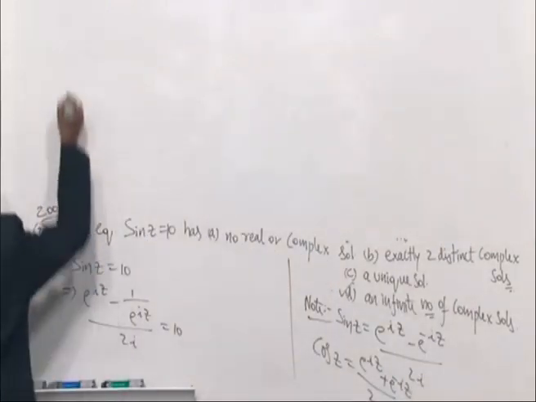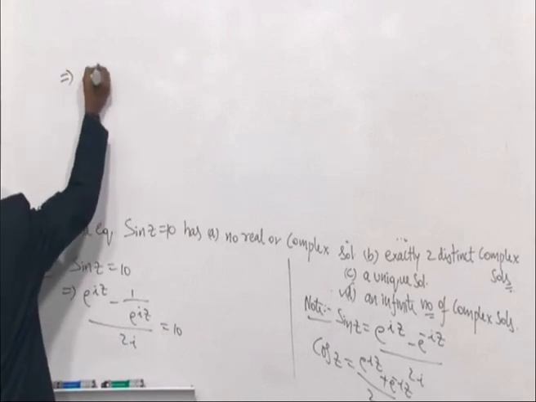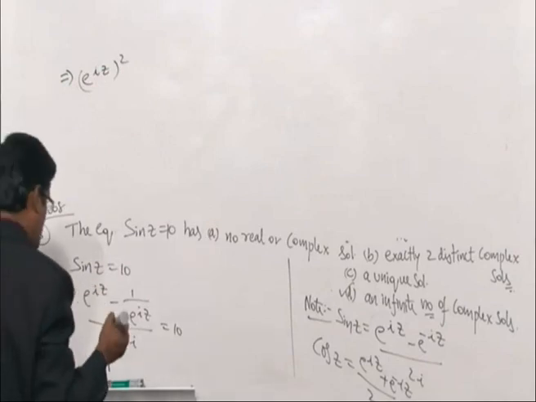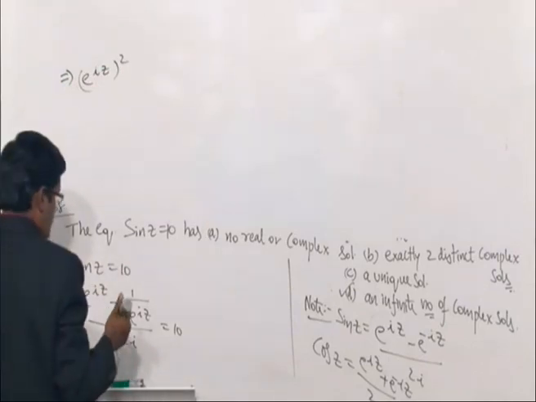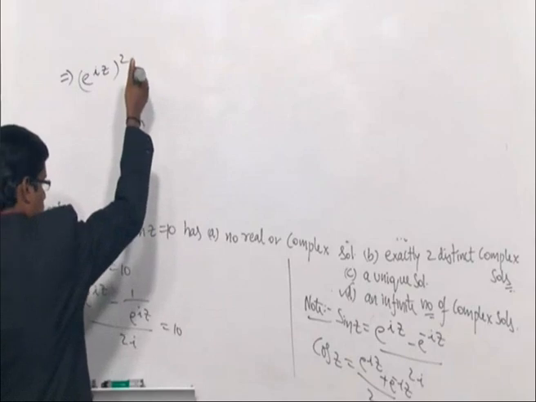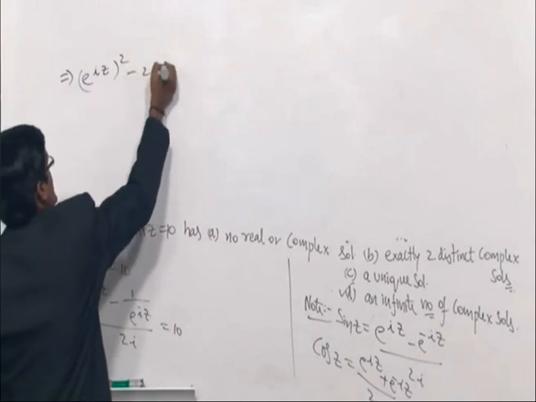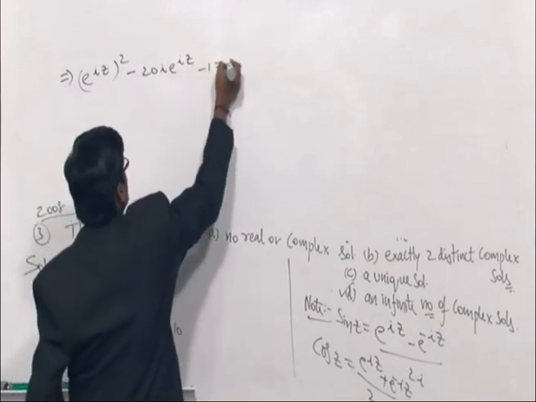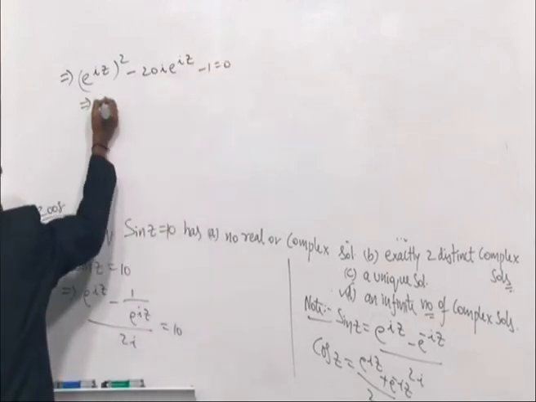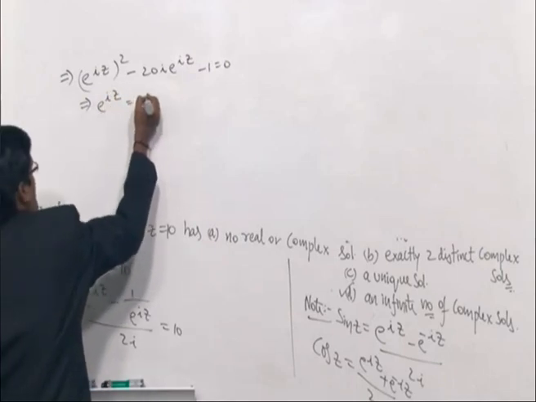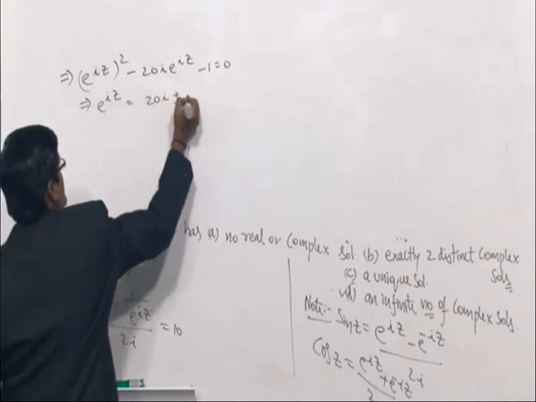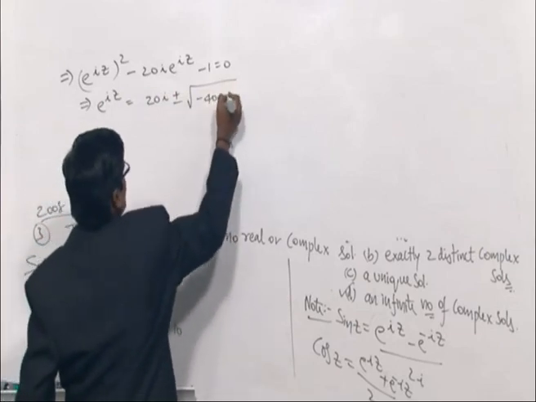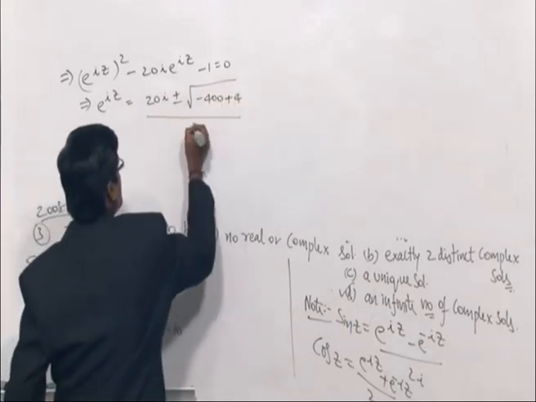So this simplifies to e power iz whole square, but I am not writing e power 2iz. I want to bring the equation into quadratic form. Minus 20i e power iz minus 1 is equal to 0, which is a quadratic equation in exponential iz. So exponential iz is equal to minus b, that is 20i, plus or minus root of b square, that is minus 400, i square value, minus 1, minus 4ac becomes plus 4, divided by 2a.